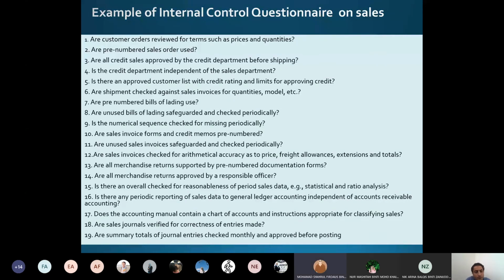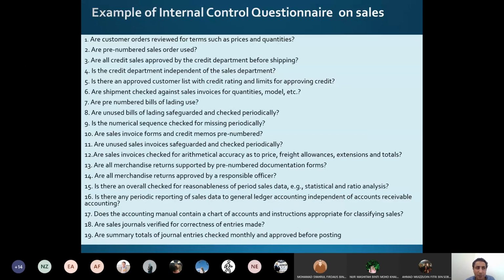Is the numerical sequence checked for missing documents periodically? So this one is also a detective control. We check the existence of the independent review based on the numerical sequence, meaning we are checking the pre-numbering of the bills of lading. Why are we focusing on bills of lading or shipment documents?